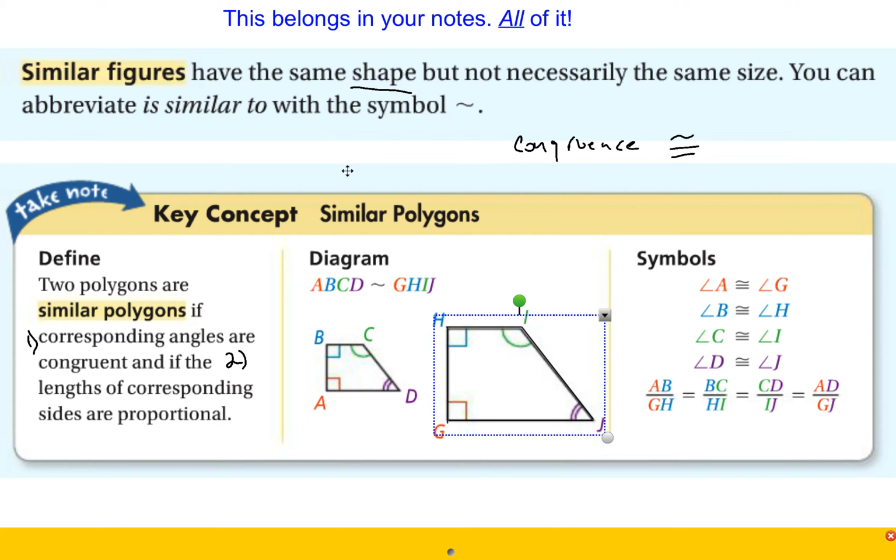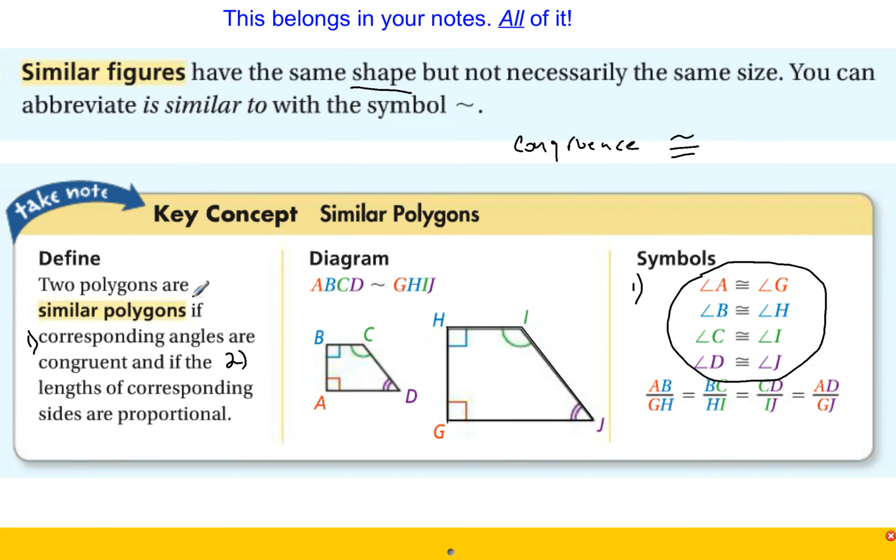Number one, the first requirement is that the corresponding angles are congruent. Notice the corresponding angles are congruent. Check, that's true. And the corresponding sides are proportional. AB is to GH as BC is to HI, as CD is to IJ, as AD is to GJ.